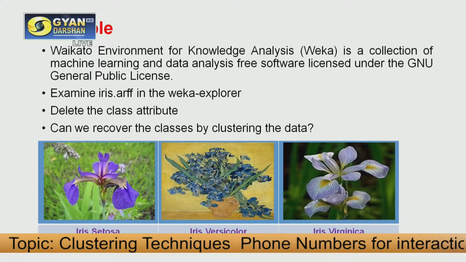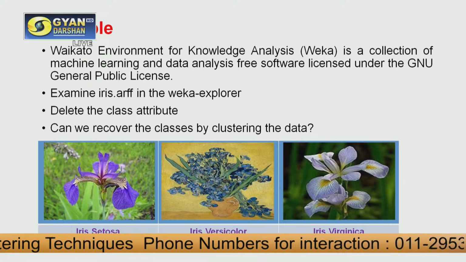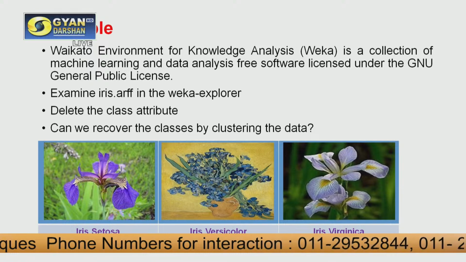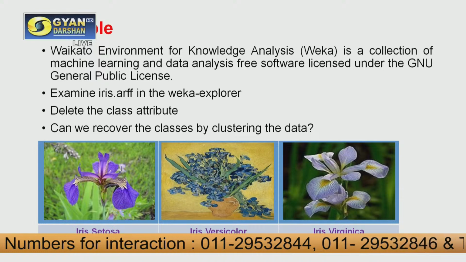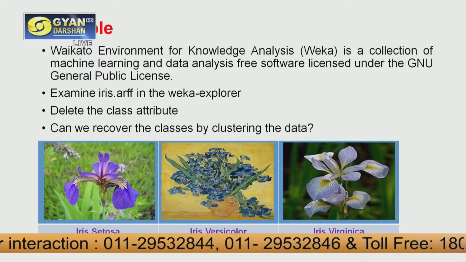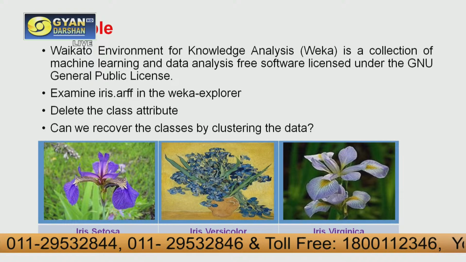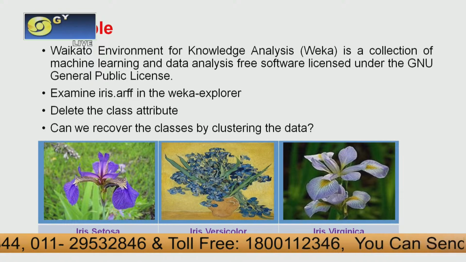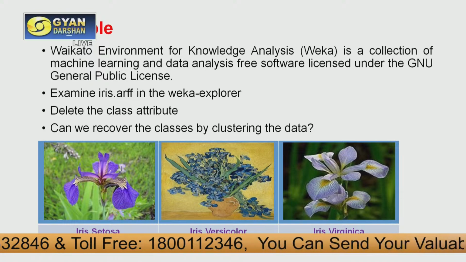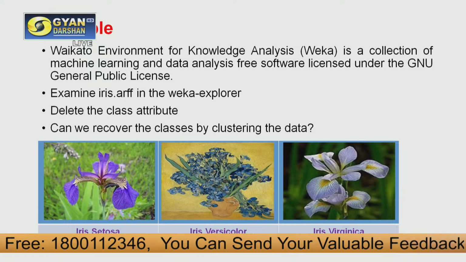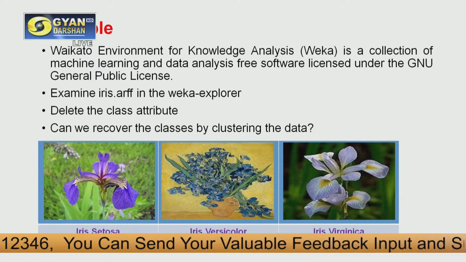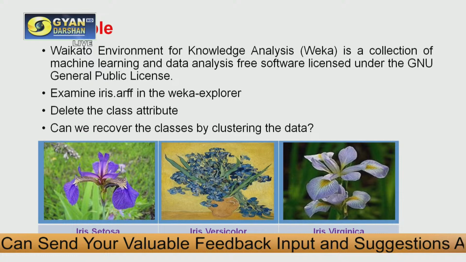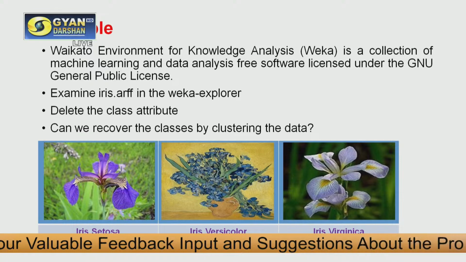So we know that the first row up to 50 is iris setosa, then 51 to 100, and then 101 to 150 is iris virginica.